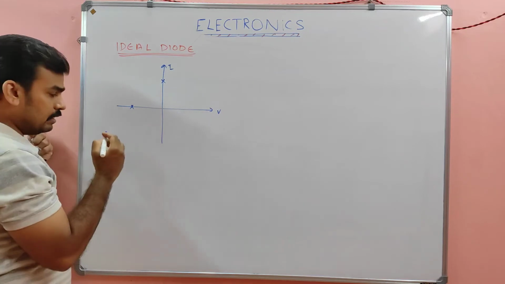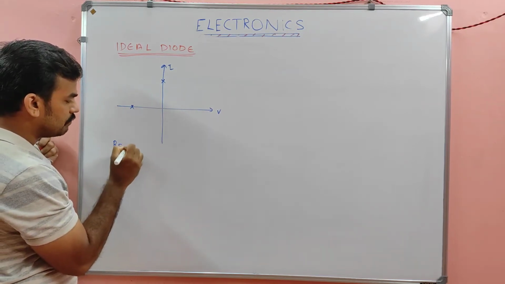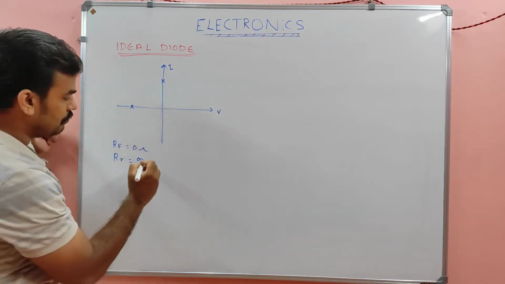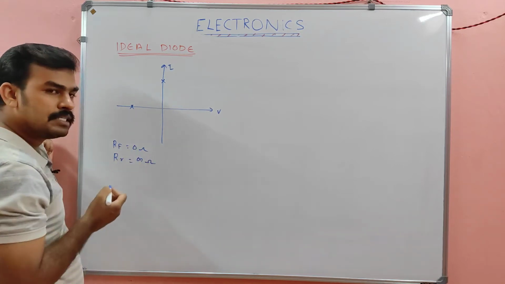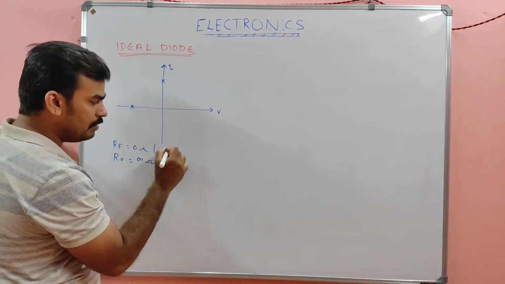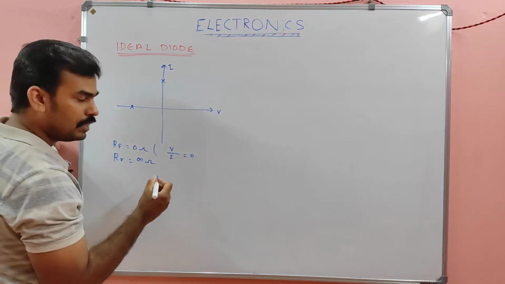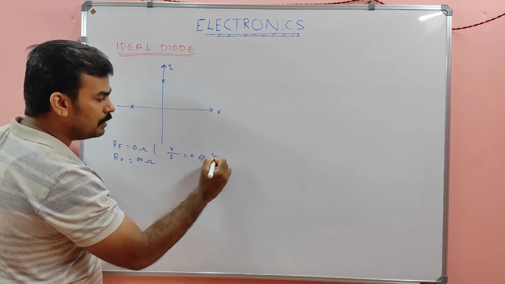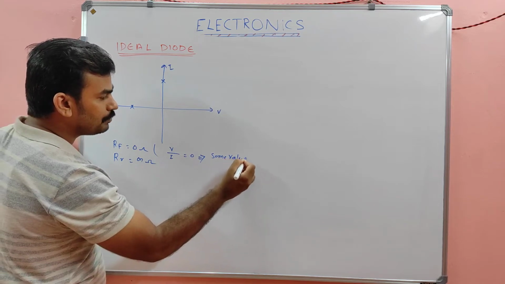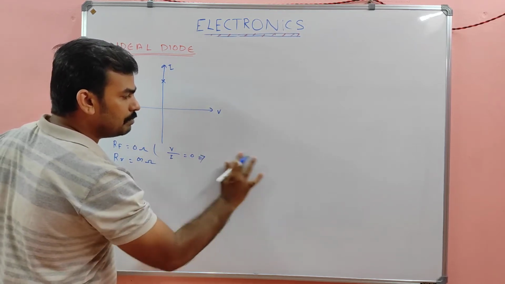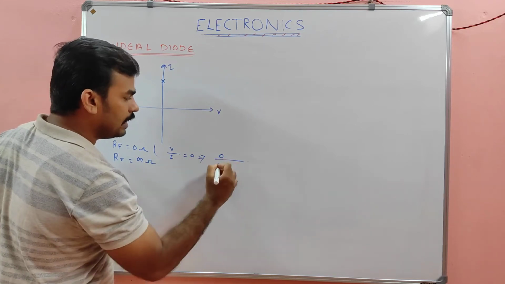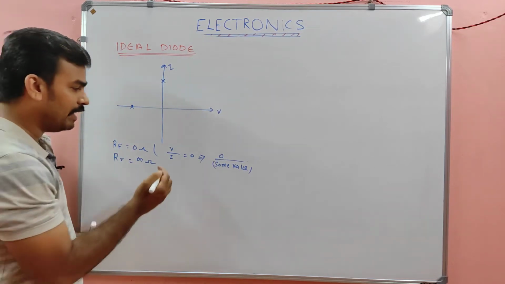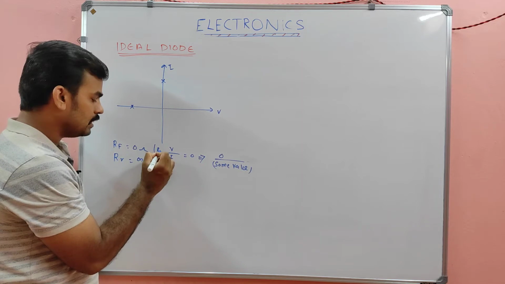So ideal diode means what, my dear? The forward resistance will be equal to 0 ohm and the reverse resistance will be equal to infinity ohm, right? The forward resistance is 0 only when V by I is equal to 0, which implies we have 0 voltage and I have some value of current.